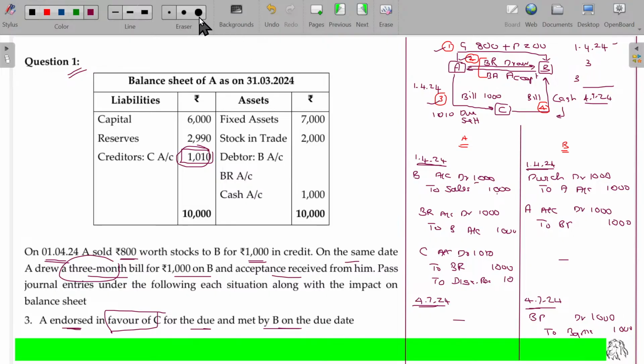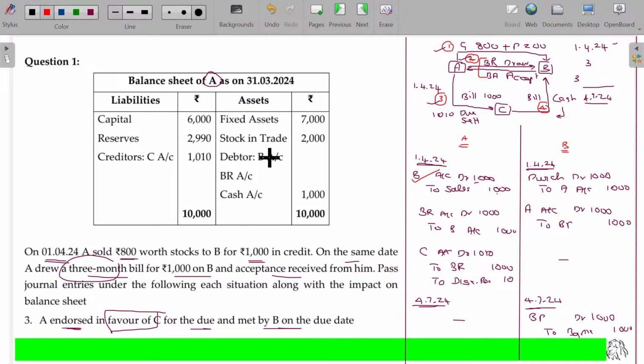Now I'll just explain what could be the impact in the balance sheet. In the books of A, after each and every transaction, on 1st April 24, sales is made.